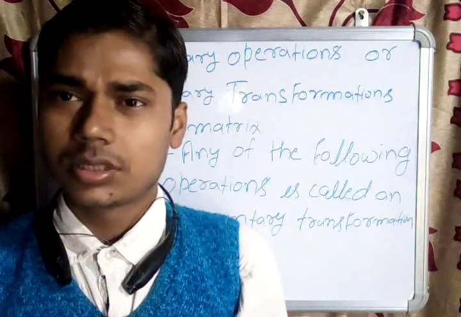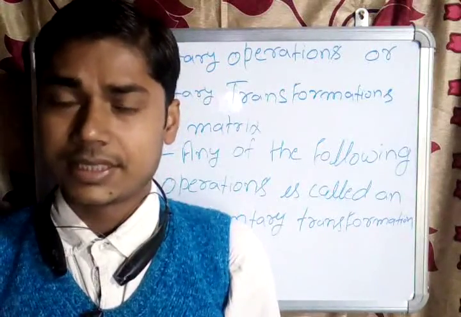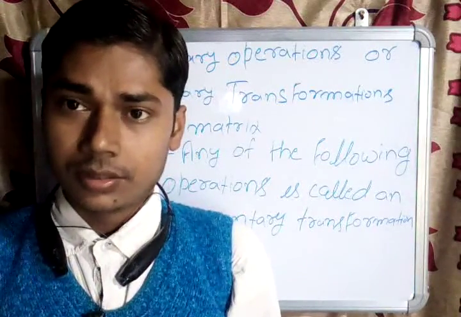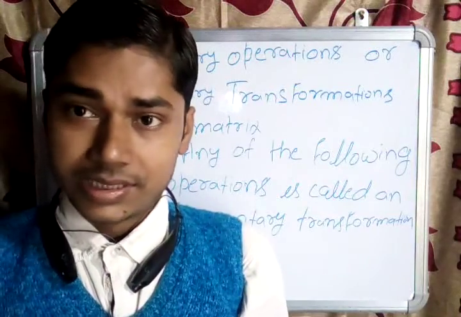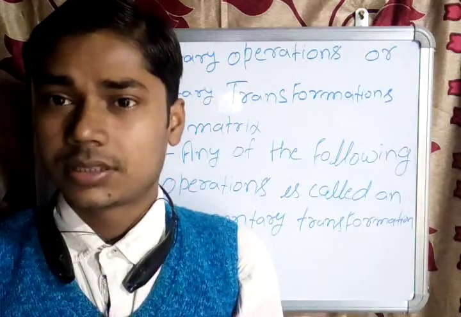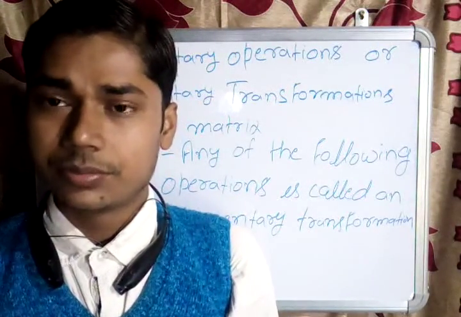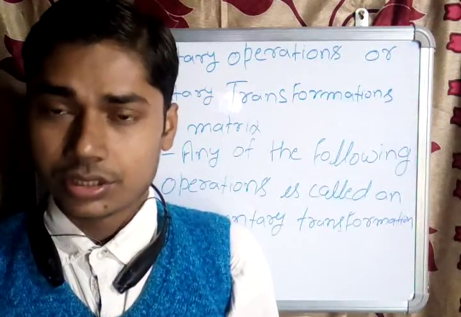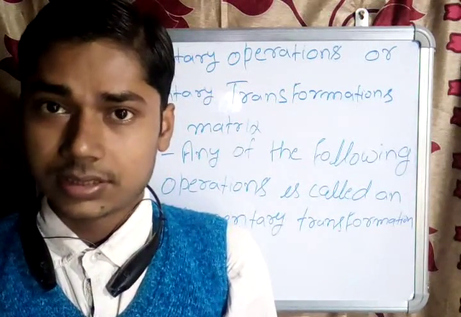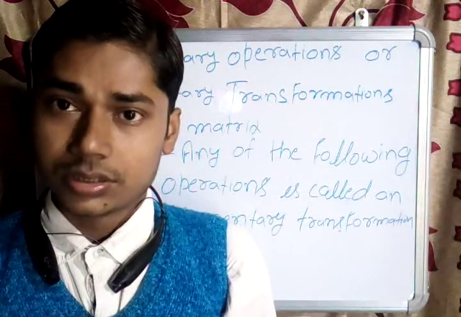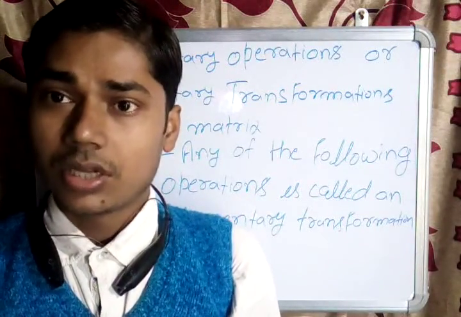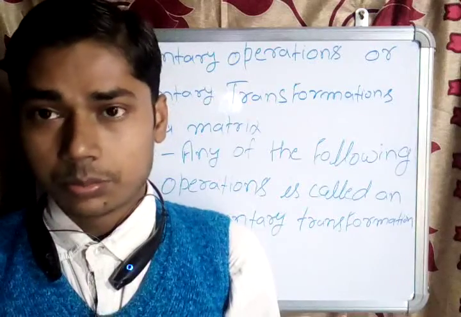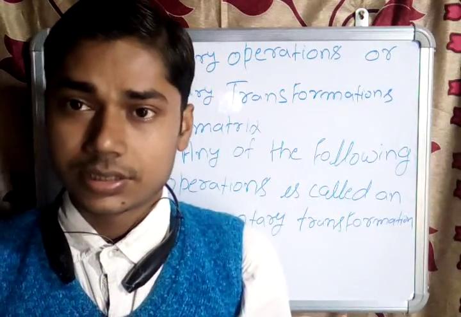We have also read about the properties of matrix: commutative law of addition of matrices, associative law of addition of matrices, existence of identity matrix, and existence of inverse of any matrix, and also read about the multiplication of matrix.